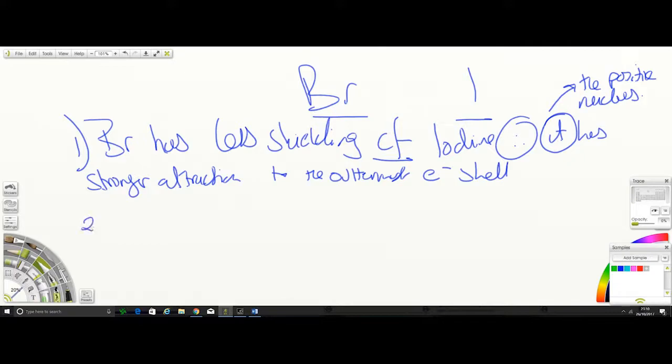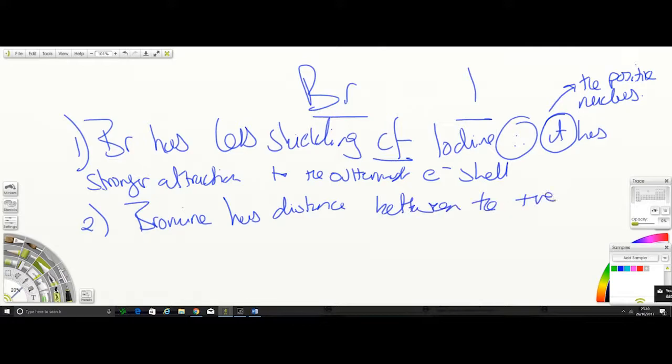So that's number one. Number two is bromine has less distance between the positive center and the outermost electron shell. Did I just say the outermost nucleus?